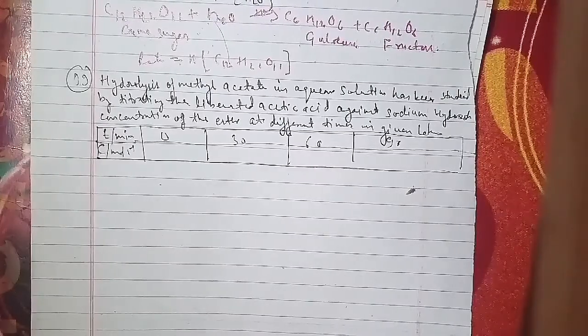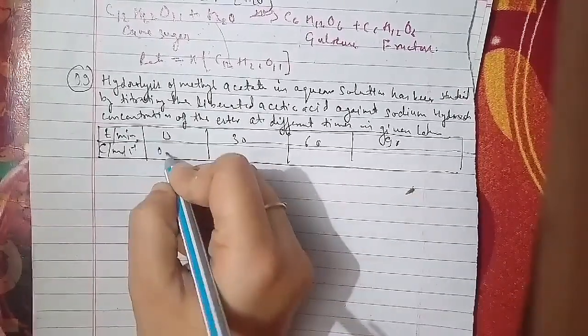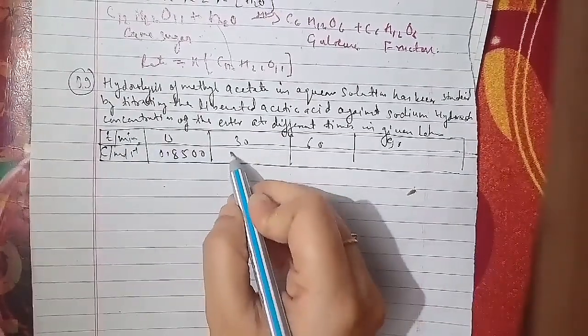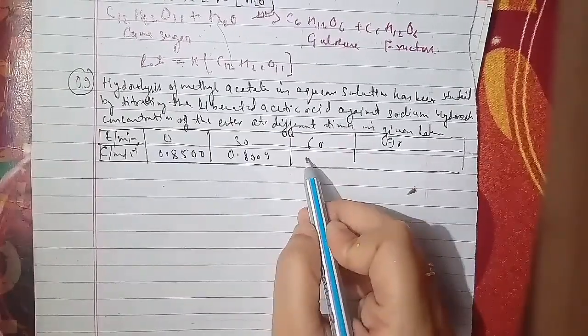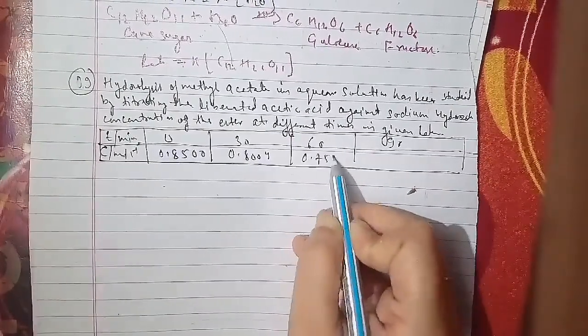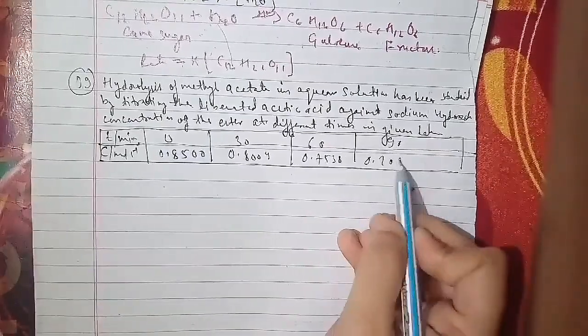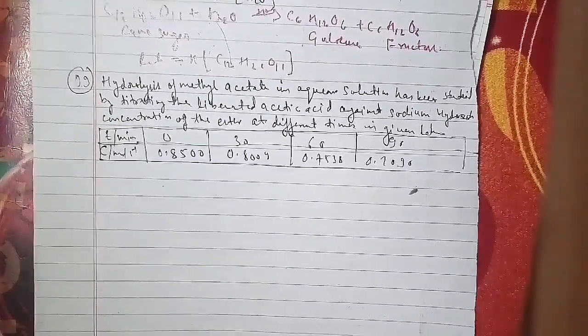For the table, the values are 0.8500 for 0, 0.8004 for 30, 0.7538 for 60, and 0.7096 for 90 that we have.